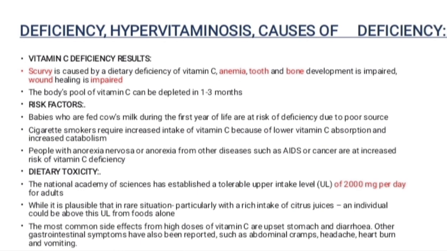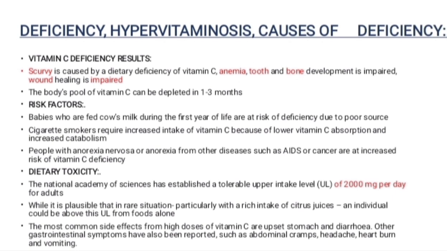As far as dietary toxicity is concerned, the National Academy of Science has established a tolerable upper intake level of about 2000 milligram or 2 gram per day for the adult. As discussed in the previous slides, when an excessive amount is taken, about 50% can be eliminated as such, while less than 50% absorption can take place.